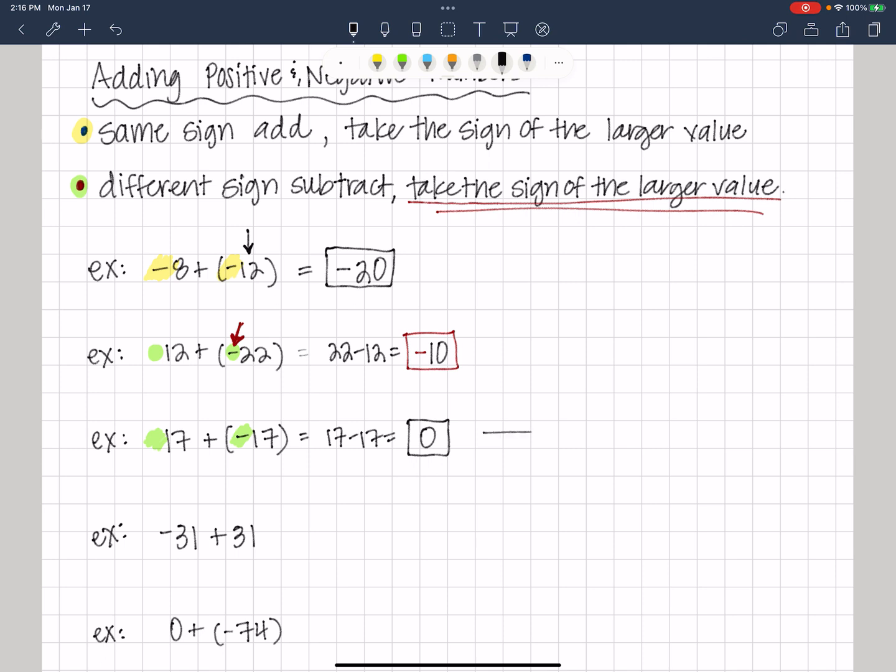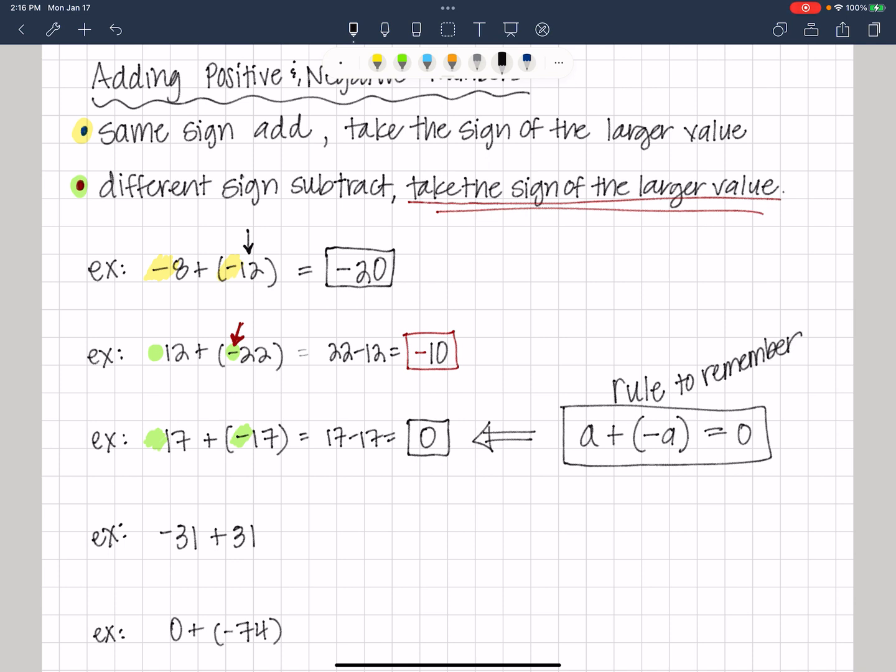Any number, and this is a good one right here, any number plus its additive inverse will always equal 0. That's a good rule right there, a rule to remember. In fact, here it is again, -31 plus 31.